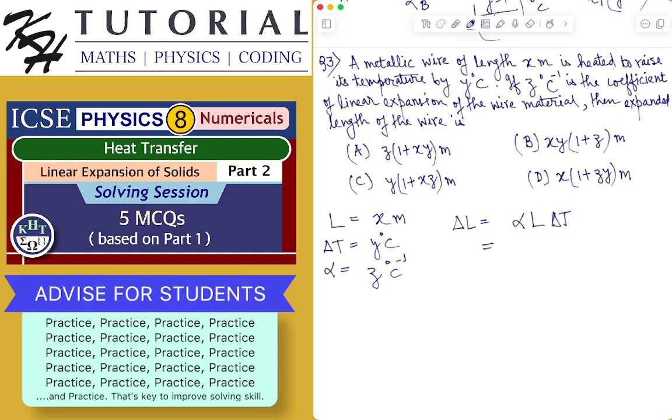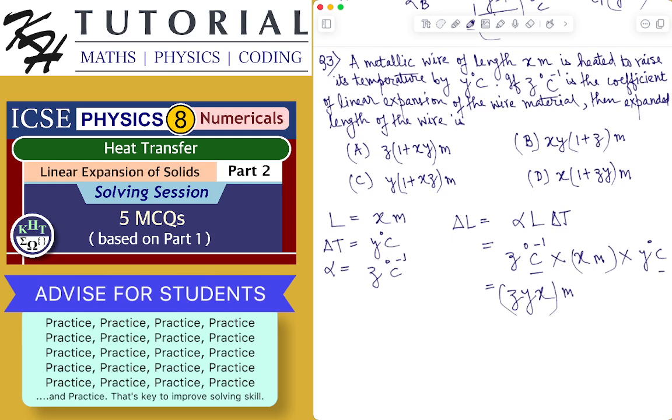So alpha is Z per degree Celsius, multiplied by L, which is x meter, multiplied by delta T, which is y degree Celsius. As you can see, per degree Celsius and degree Celsius cancel out, so we have Z by x this much meter. This is the increase in length.